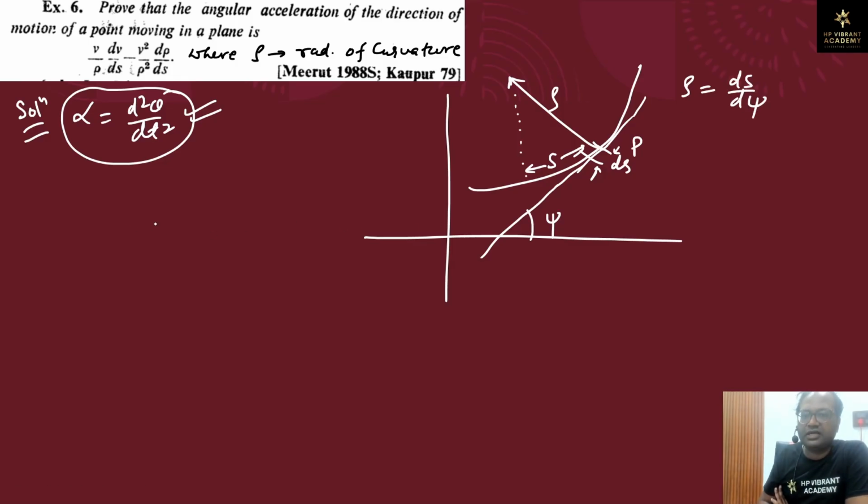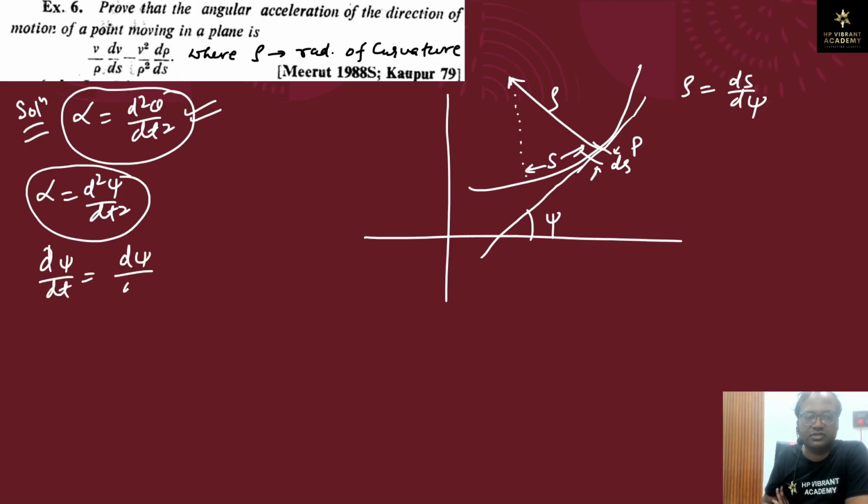We have the angular acceleration alpha equal to d2 psi upon dt square. So let us first find d psi upon dt. This can be written as d psi upon ds into ds upon dt, and d psi upon ds is equal to 1 upon rho.